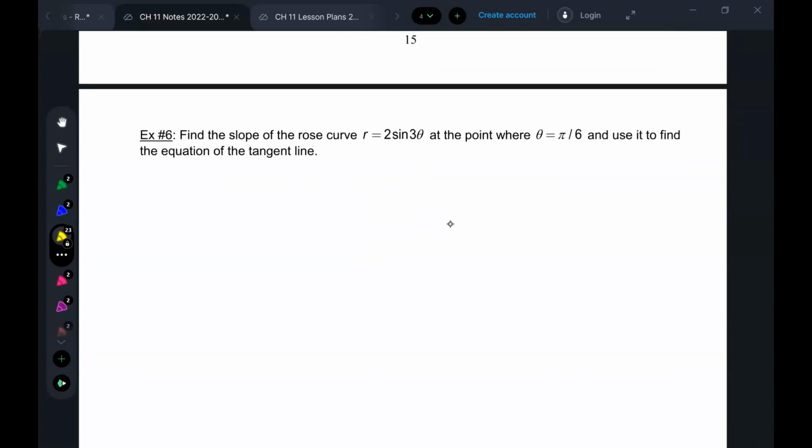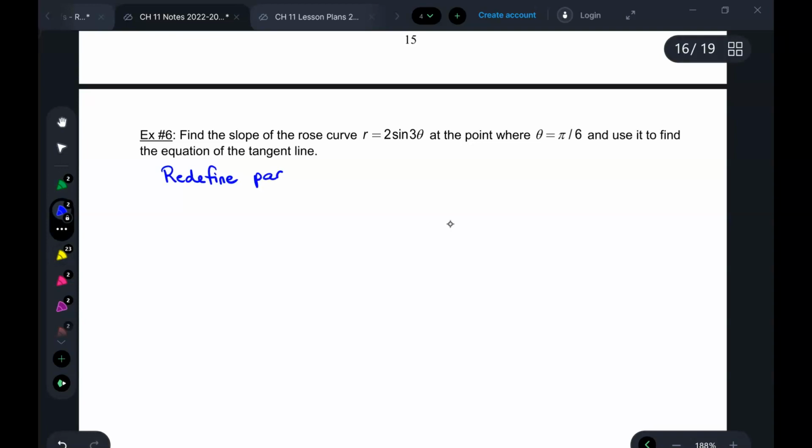Okay, find the slope of the rose curve r equals 2 sine 3 theta at the point where theta equals pi over 6 and use it to find the equation of the tangent line. Okay, so first thing we want to do is redefine parametrically. Okay, so again, here's r, and we have our theta.